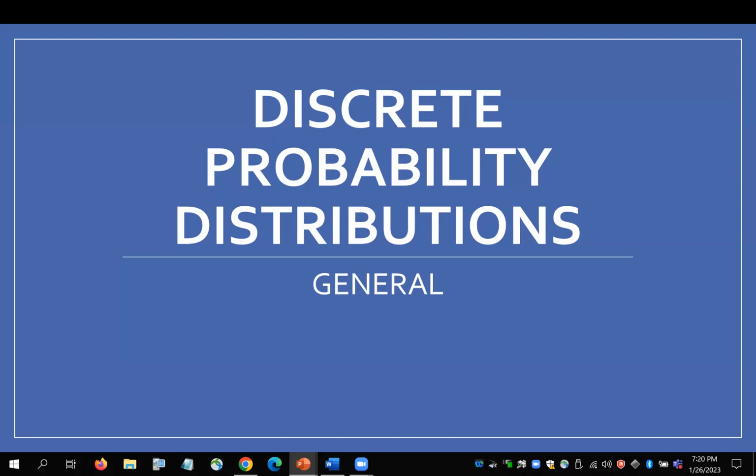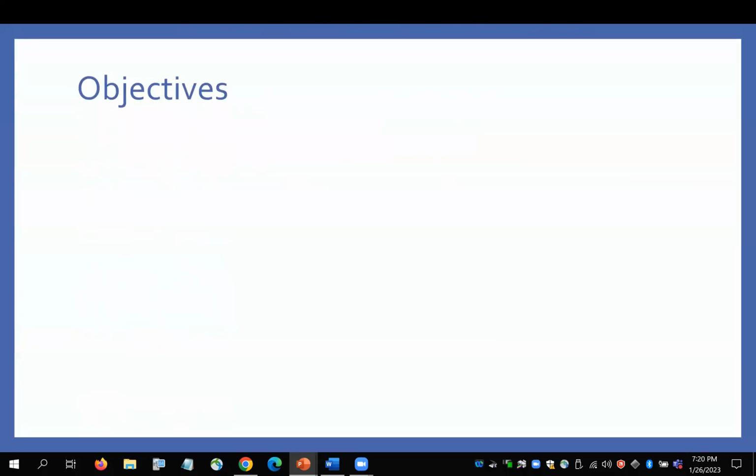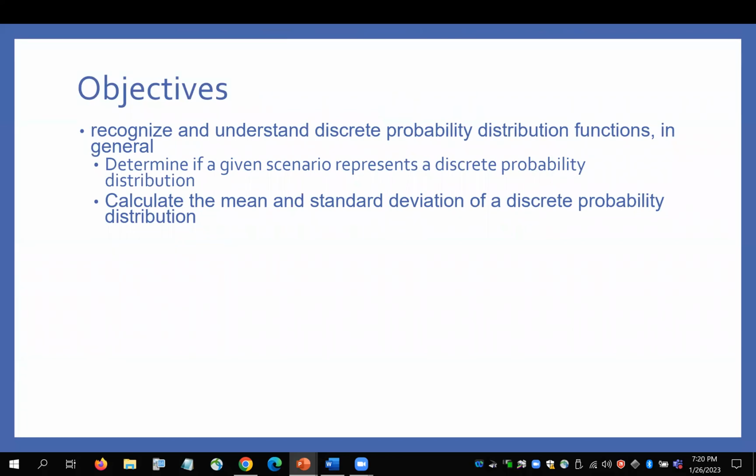Okay, again, I'm utilizing the PowerPoint that's available in D2L, and we're going to focus our attention on discrete probability distributions. By the end of this lesson, hopefully you can recognize and understand discrete probability distribution functions in general.